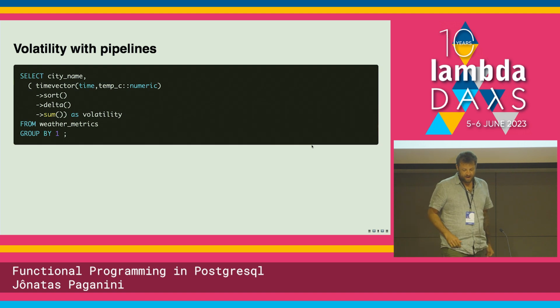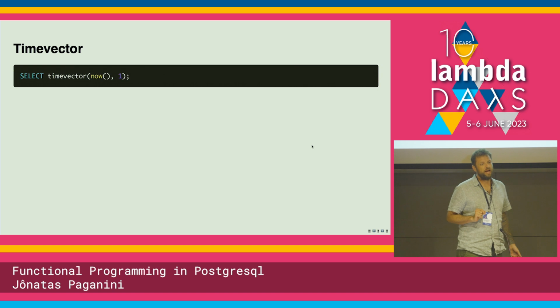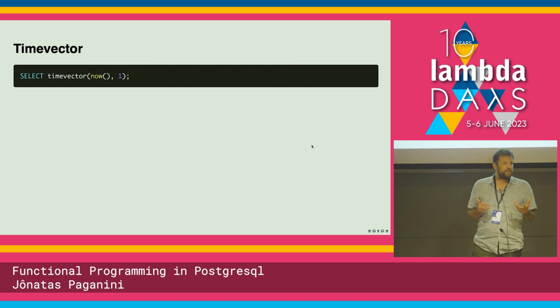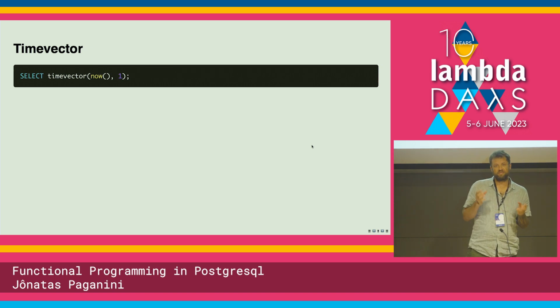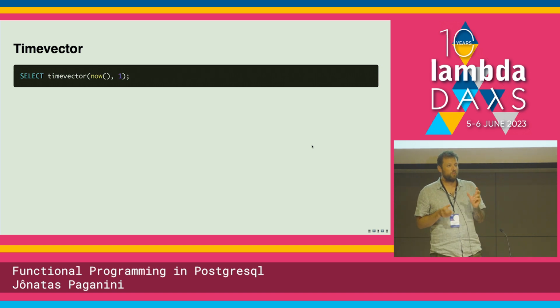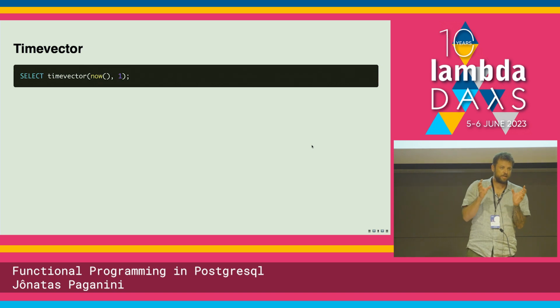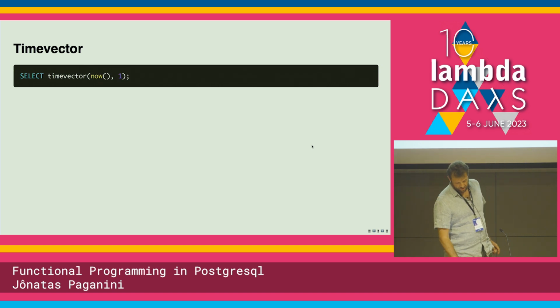So this is the same example as the previous one, and I will be showing it broken down piece by piece. This is the core of our functionality: a time vector. As we are talking about time series, we have a vector which has one time dimension, it's a tuple, and then you also have a value, right?